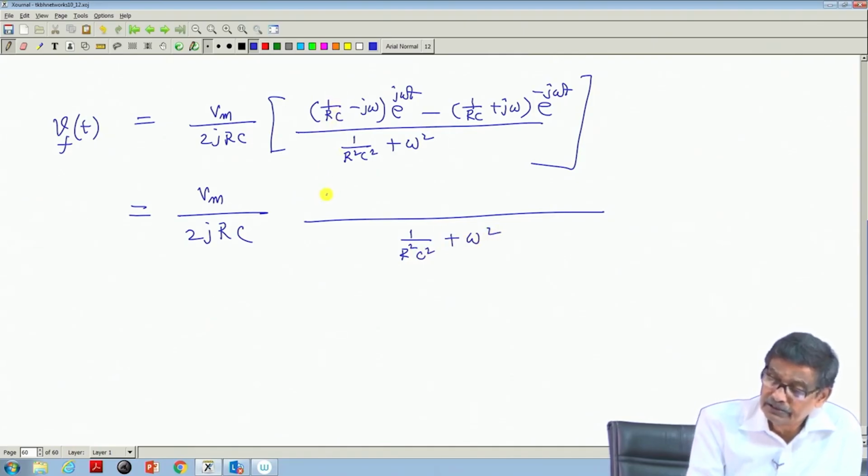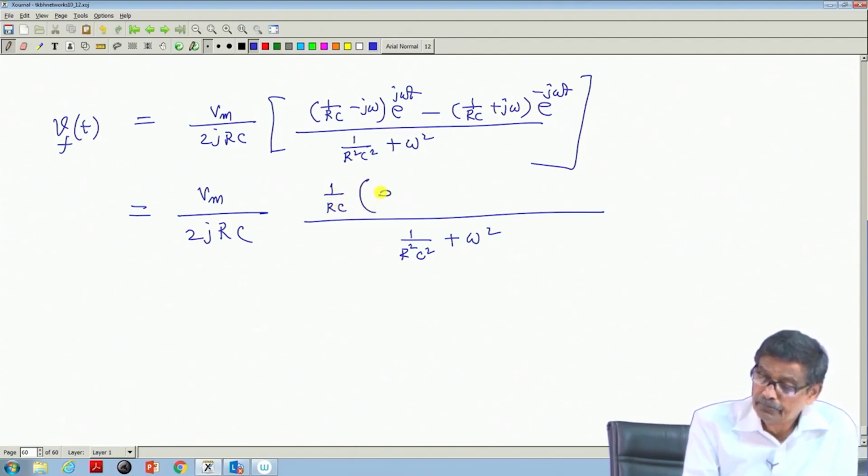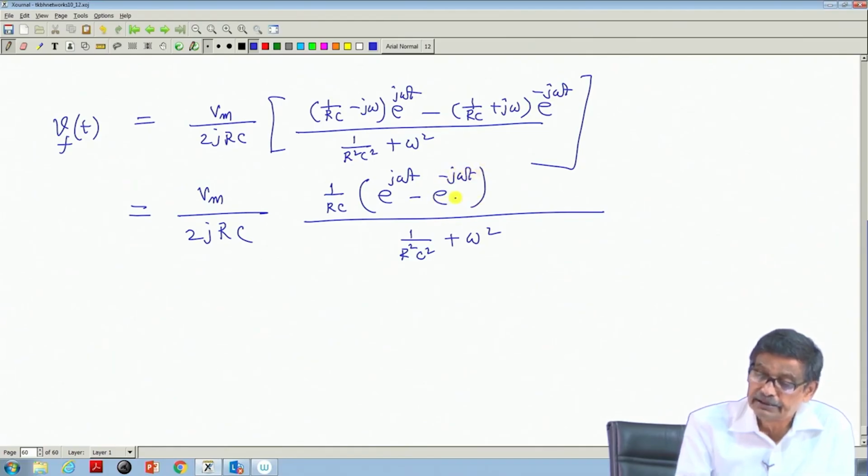Then you see it is 1 by R c, and you will be left with e to the power j omega t, and 1 by R c minus e to the power minus j omega t, it will be there.